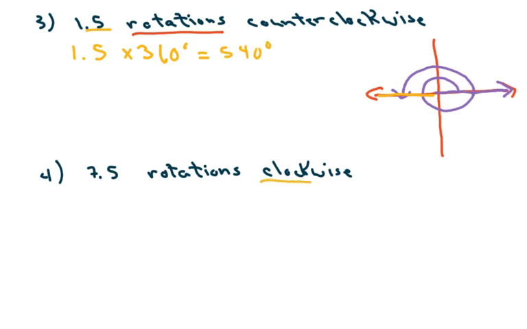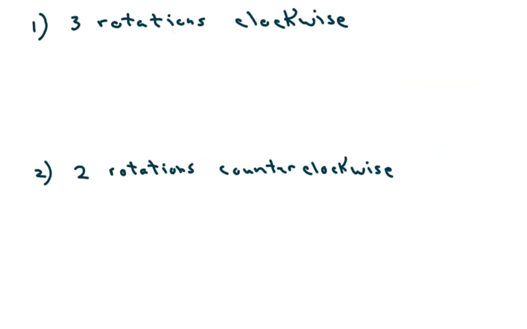And clockwise, what you're going to do is 7.5 times negative 360 degrees. And that's going to equal negative 2,700 degrees. I think I skipped a slide, so yeah.